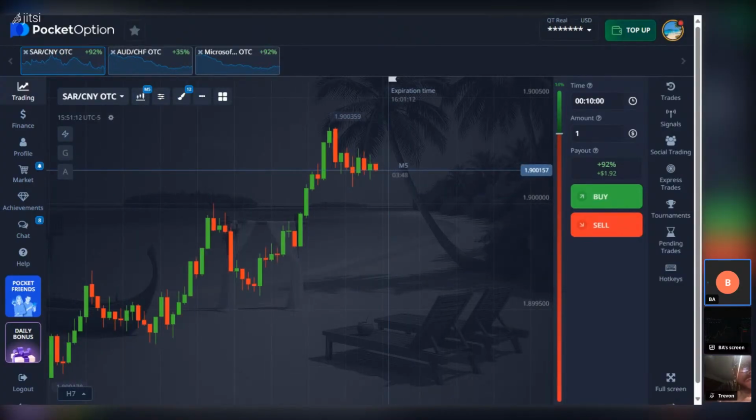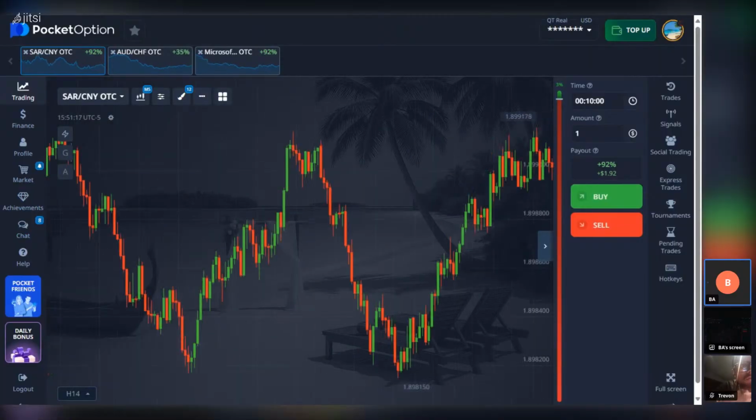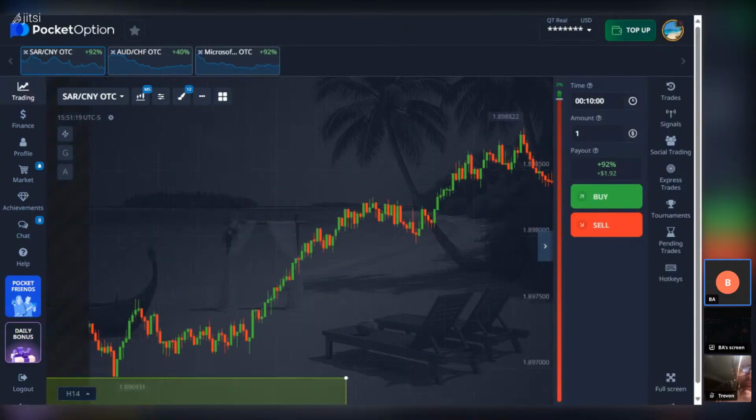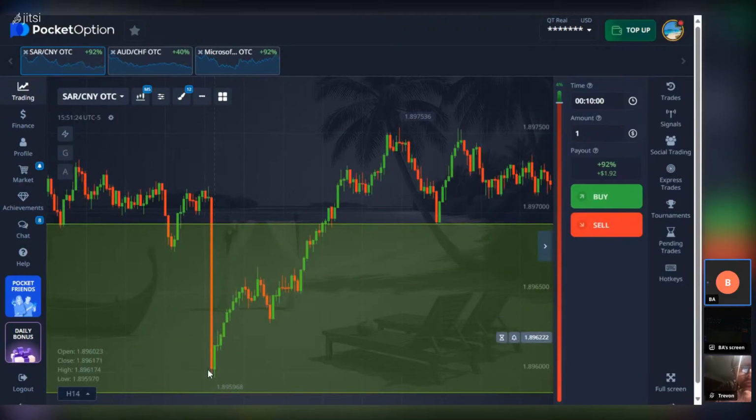I don't like how this price action looks on this discount leg. Let's see what the 5 minute looks like. You see how that just slipped and sold off like that?